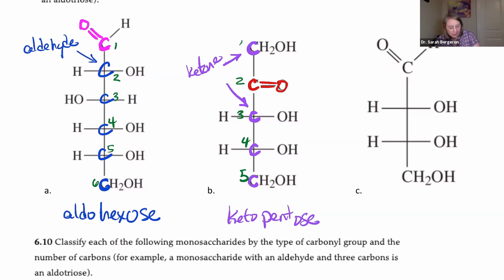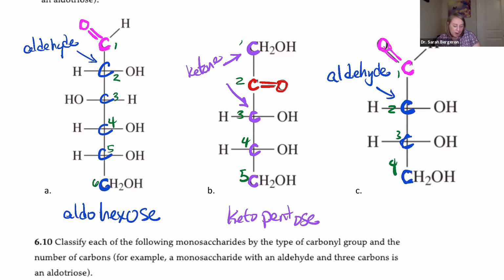Okay. Last one. We're going to see our carbon here. This is part of our carbonyl group. And so we want to see what's attached to that. Well, I have a carbon right here. So that is one attachment. So one alone is aldehyde. I'm going to write in my other carbons just so I can keep track of them, and I'm going to count them. 1, 2, 3, 4.